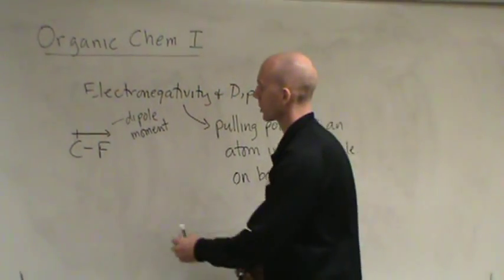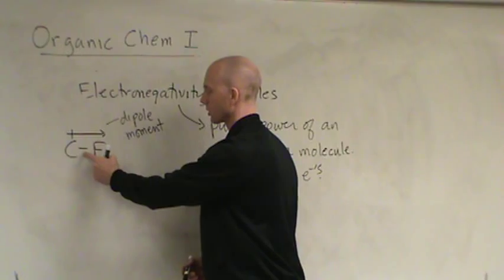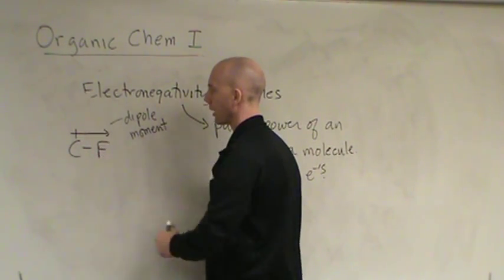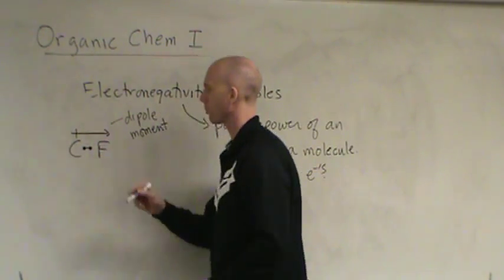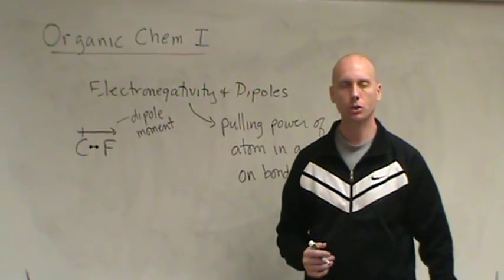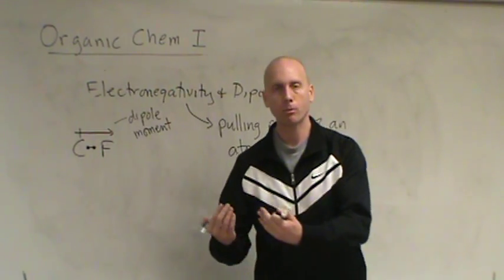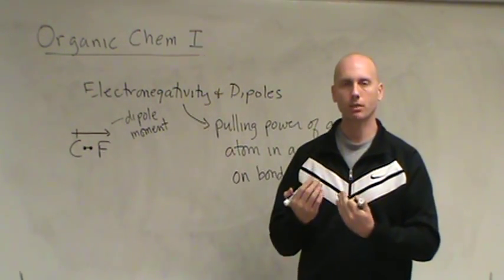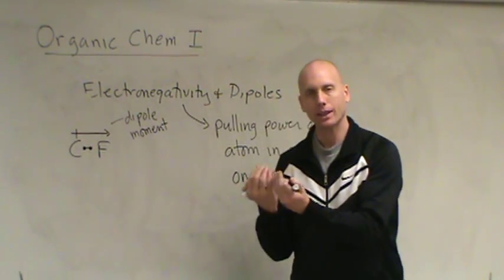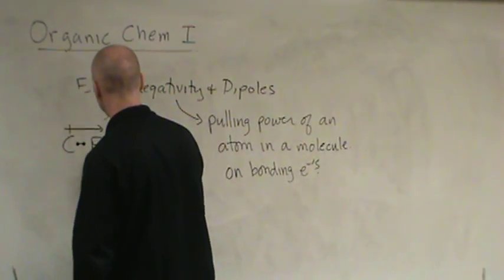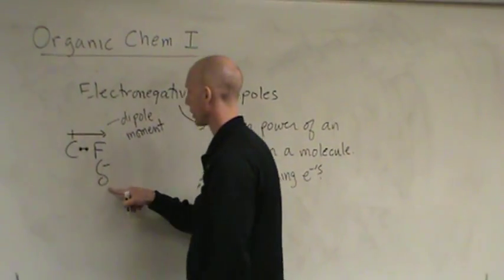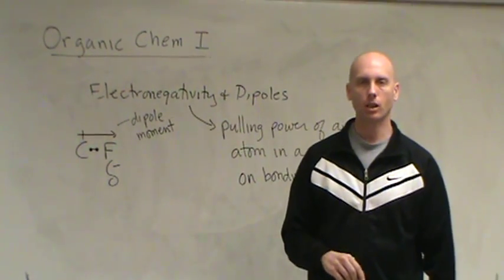So as a result of that, what happens? Well, these bonding electrons end up a little bit closer to the fluorine. And remember that electrons are negatively charged, so the fluorine's going to feel that extra electron and start building up a negative charge.